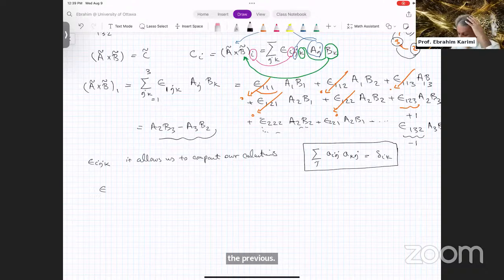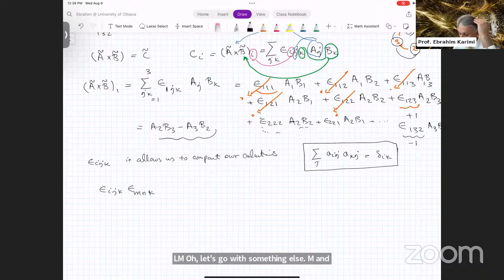Here, epsilon ijk, epsilon lmn, if you sum over k, also has a very interesting property.